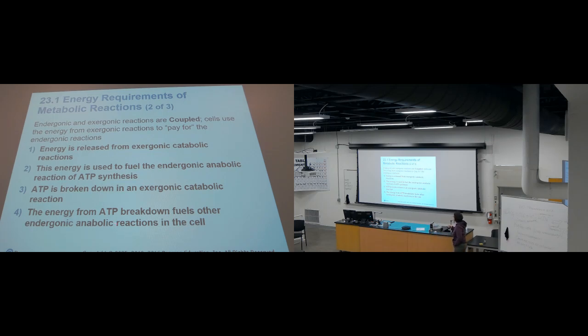So then this energy from ATP fuels endergonic reactions, anabolic reactions in the cell. So then, when it comes to the law of conservation of energy, energy is not lost. It is just changing its form. From endergonic to exergonic or exergonic to endergonic, you have exchange, and that's a cycle that leads to these metabolic reactions. So it's an investment.